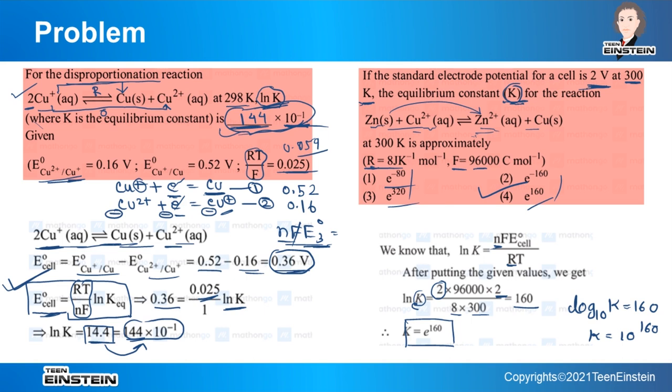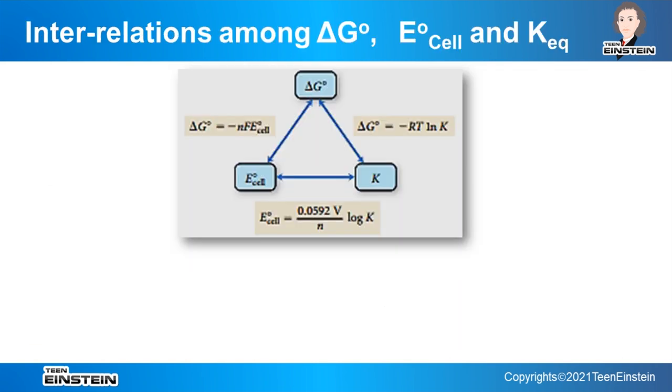So these two problems are related to how we can determine the equilibrium constant, because we have just seen the relationship between E°cell and K equilibrium. Now, so that you can remember very easily, here I have written the interrelations among these three terms: ΔG°, E°cell and K equilibrium.